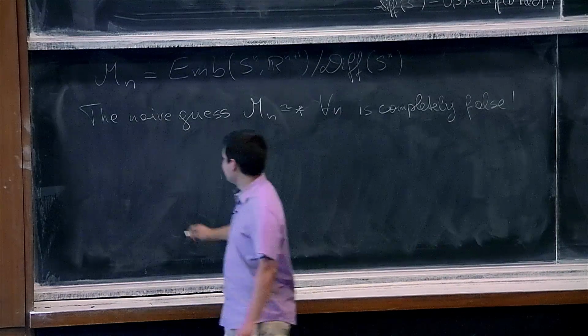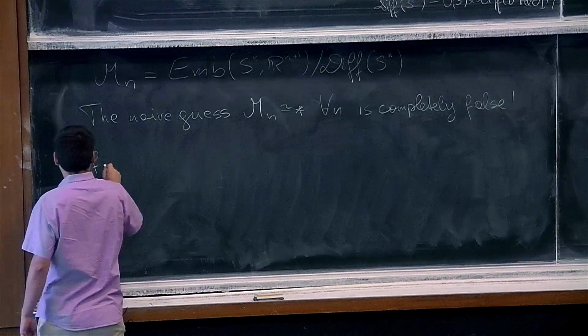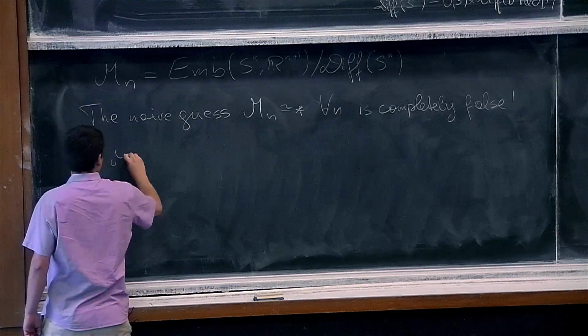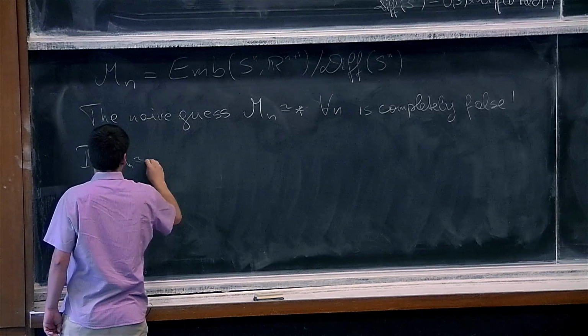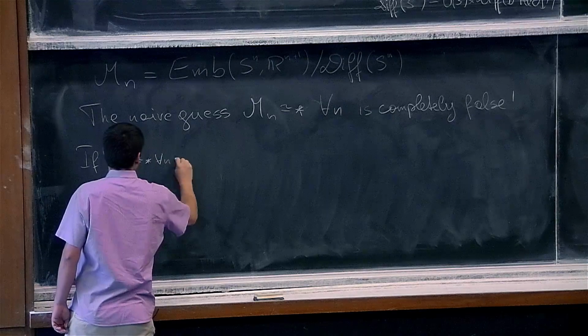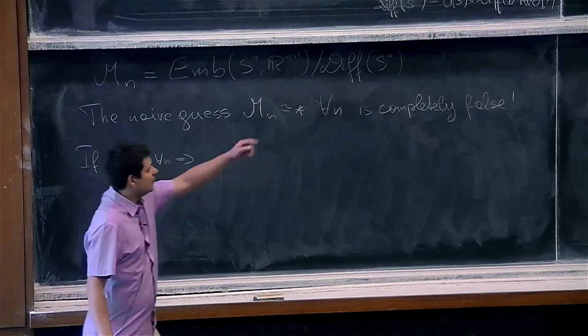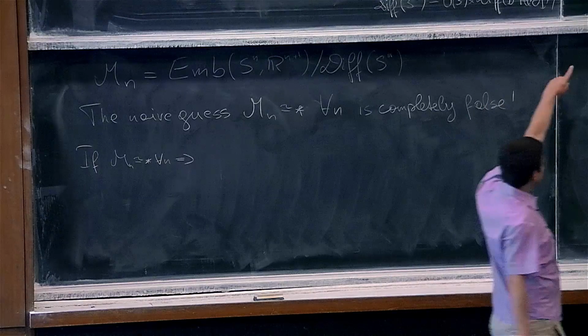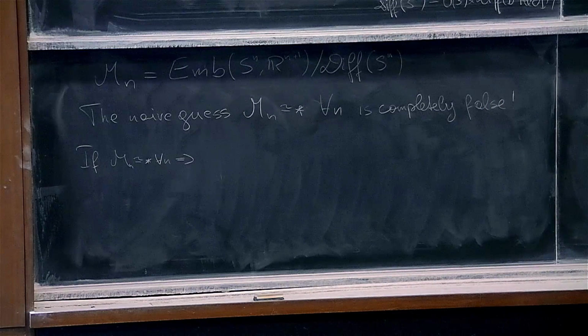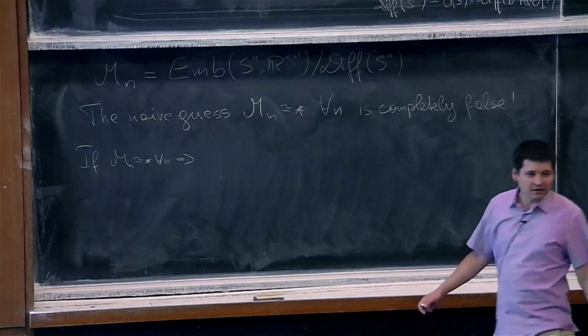Why is this? Let me quickly explain. If Mn were contractible for all n, then arguing as above, we could see that the diffeomorphisms of the disk relative to the boundary are contractible.